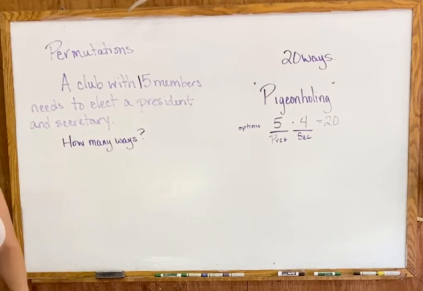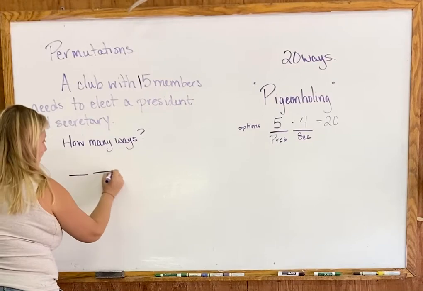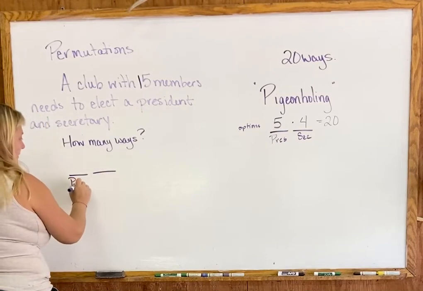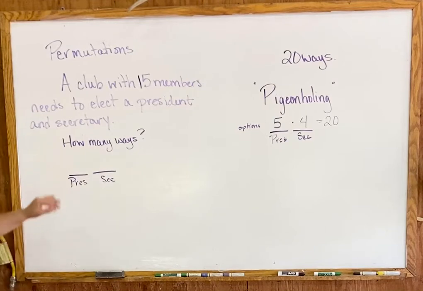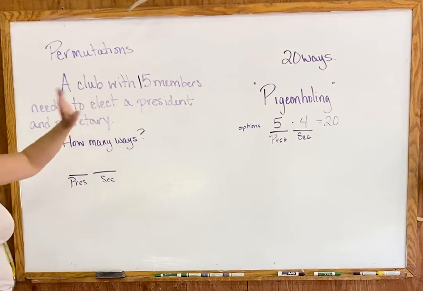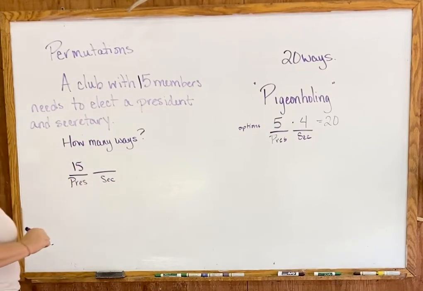So definitely not making a list here, okay? We're not going A, B, C, D, all the way through what it would be O or whatever. Okay, we're definitely going to use this pigeonholing. So again, we're making 2 slots, and again, we have the president and we have the secretary. But now, new club, how many people are vying for that first slot as president? Remember, we're supposed to assume all 15 want. So there are 15 options here.